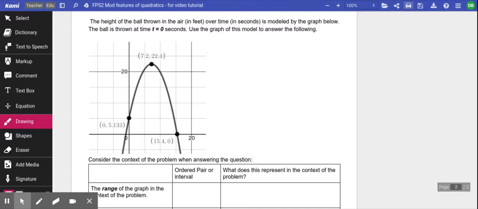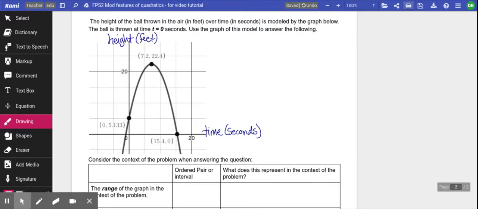Okay. First of all, we know that our time is going to be our x-axis, and we know the unit for that is going to be in seconds. Then we know we're measuring the height of our ball, and that is going to be our y-axis. And our height is going to be measured in feet.